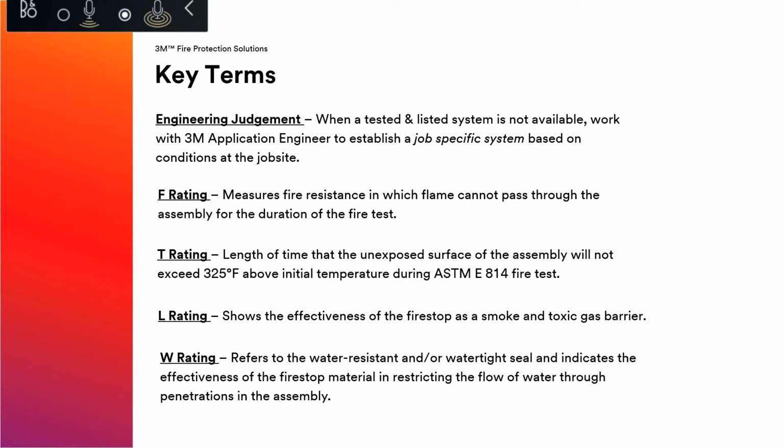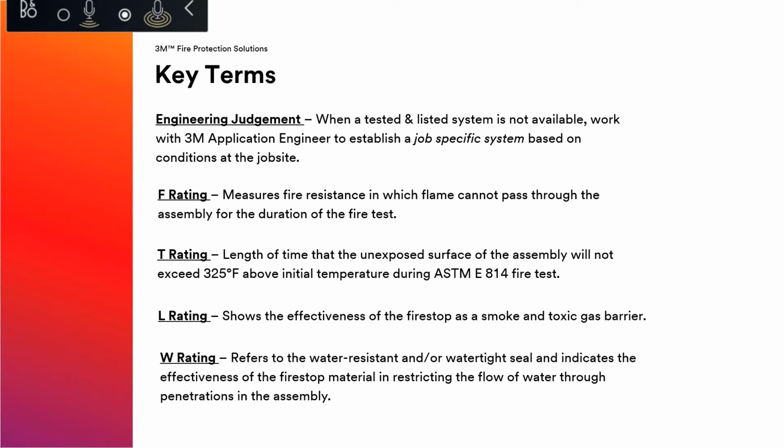So you want to make sure the system exactly matches that hourly F rating. F rating, T rating, just think of that as the transfer of heat from one side of a substrate to another. Typically, T ratings are enforced in joints at the top of wall, also around exposed pipes that are metallic.